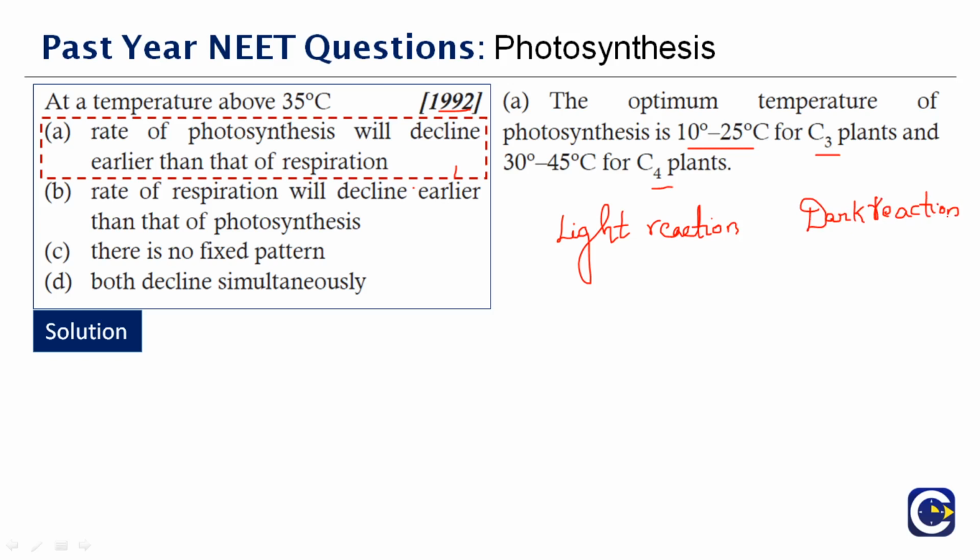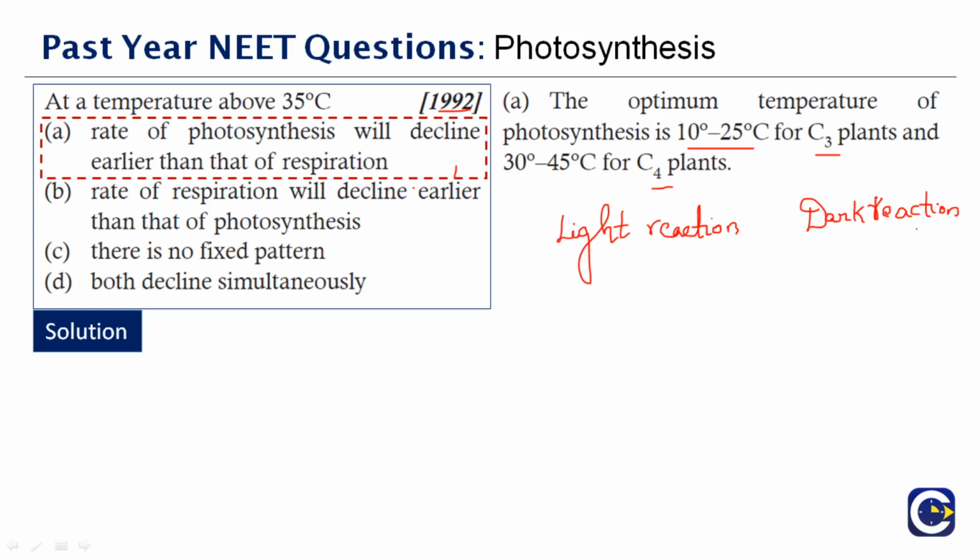In the light reaction, the chlorophyll molecules in the plants absorb energy from the sunlight and synthesize energy rich chemicals which produce ATP. Now what happens in the dark reaction? The energy rich molecules are used up for the synthesis of carbohydrates with carbon dioxide. There are essentially different types of dark reaction pathways.